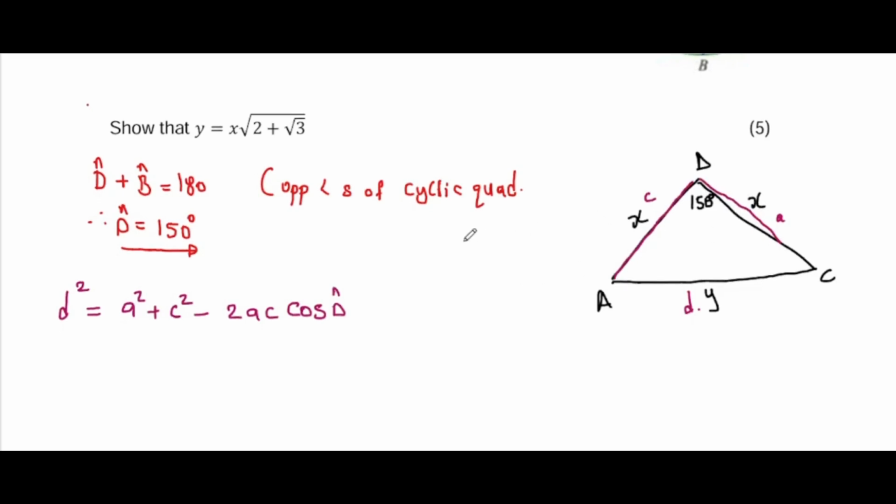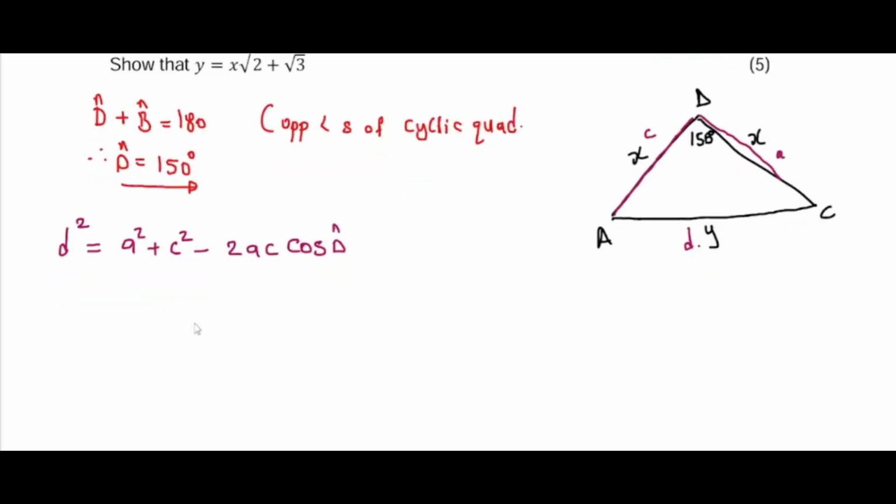The small d is y, so y squared is equal to a squared, which is x squared, plus c squared, which is also x squared, minus 2 times a, which is x, times c, which is also x, times the cos of d, which is 150.